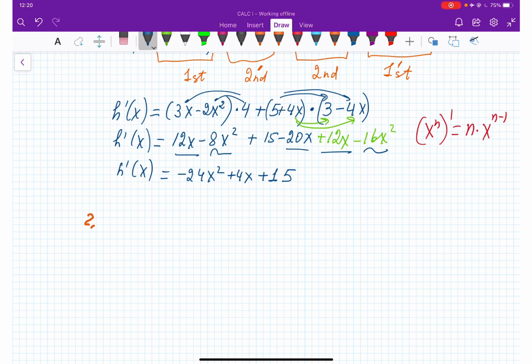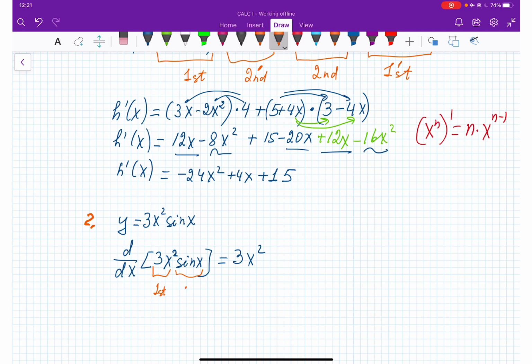Let's use a trigonometric function this time, a trig function. y is equal to 3x squared times sine x. Okay, the derivative by x for 3x squared times sine x is equal to... So the first function is going to be 3x squared, let me mark down, this is the first one.